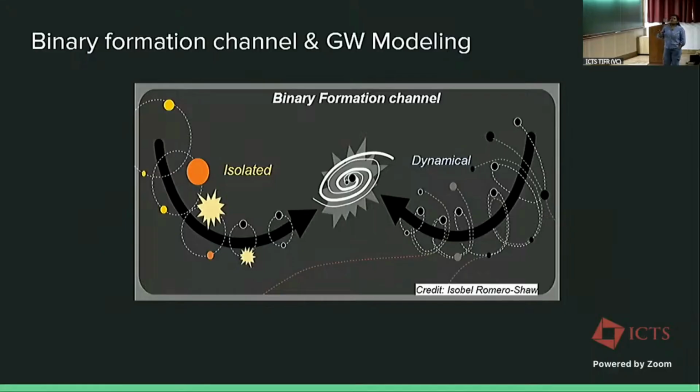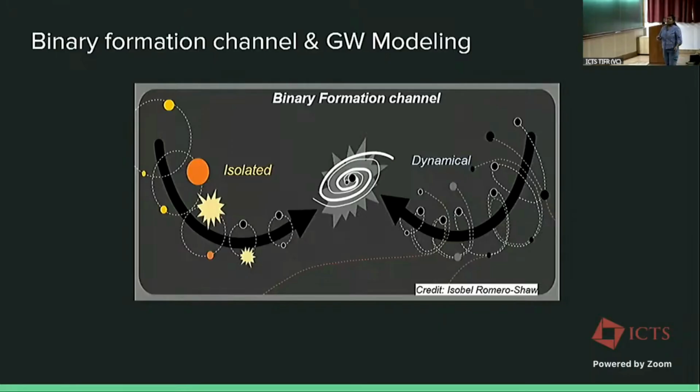Just to say, these binaries can form in different channels. Popularly, you can divide them into two channels: one is called isolated, another is dynamical. In the isolated channel, let's say two stars in a binary evolve, go through supernova explosions, become black holes, and eventually merge.